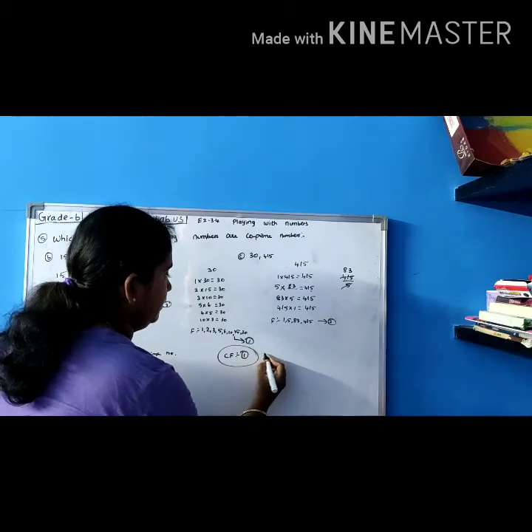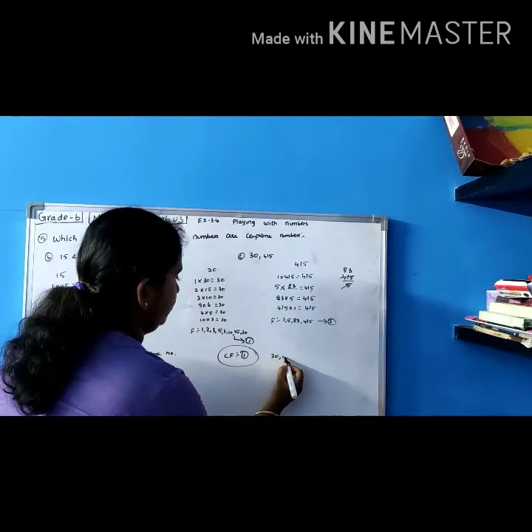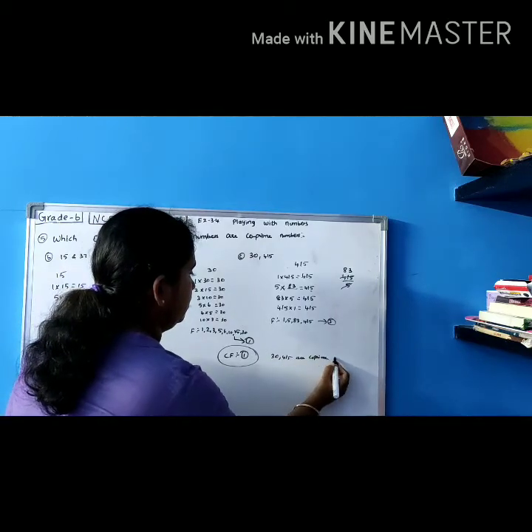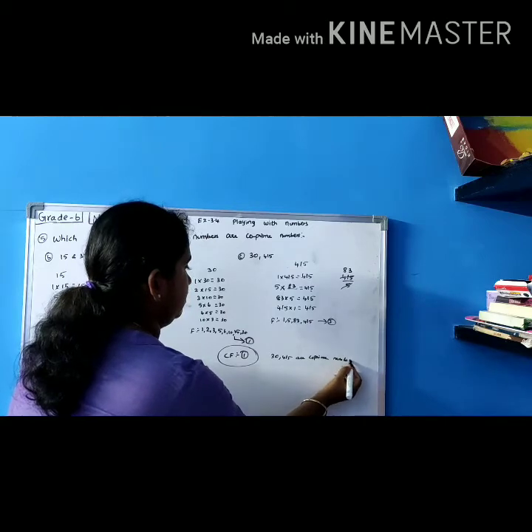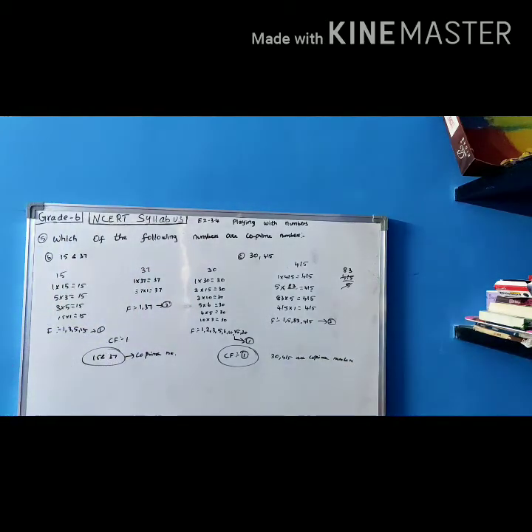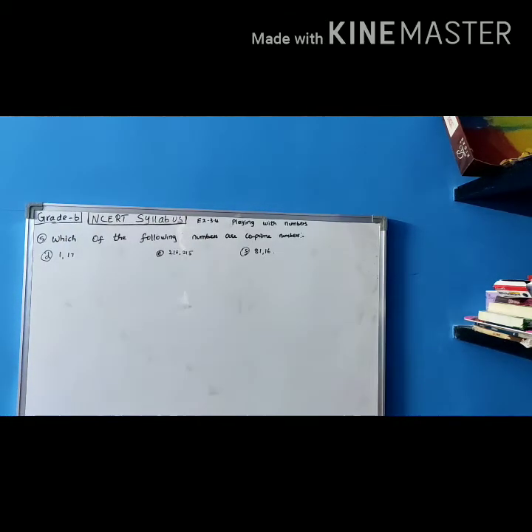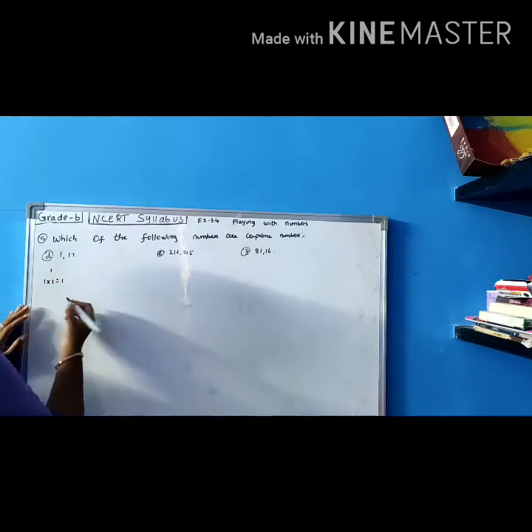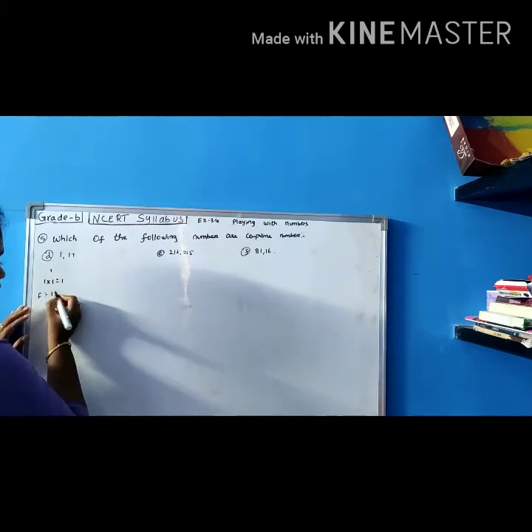So the given numbers 30 and 415 are co-prime numbers. Hope you understand. So next we are going to find for 1 and 17. For 1 I am writing 1 into 1 is 1. This is the only one, so the factor for 1 is 1 only.